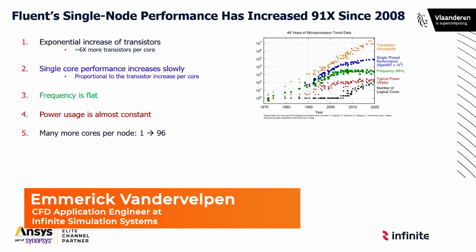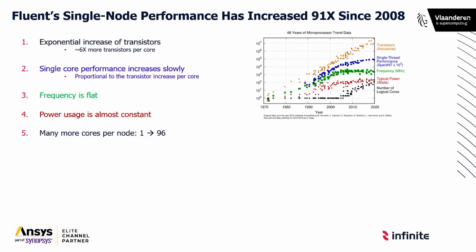Some key takeaways here: we saw an exponential increase in transistors, but the single core performance increased relatively slowly. So most improvements were made by introducing more cores on one processor.